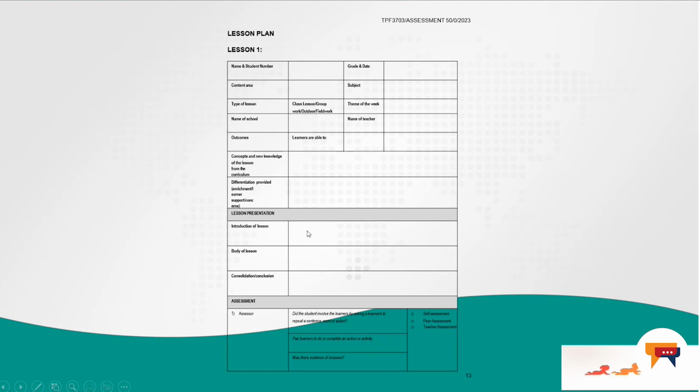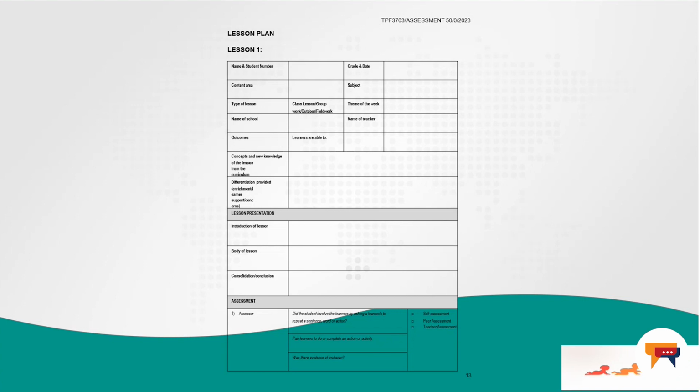Lesson presentation. How did you introduce your lesson? By now, you should know that. You should know that you start from prior knowledge. What the learners know, making them comfortable, making them confident and courageous to partake in the lesson. Then you gradually come to the body of the lesson.